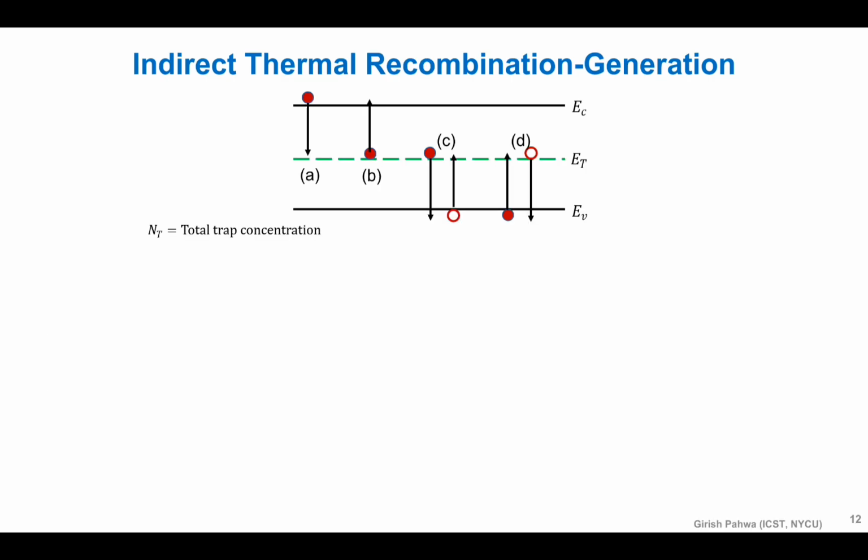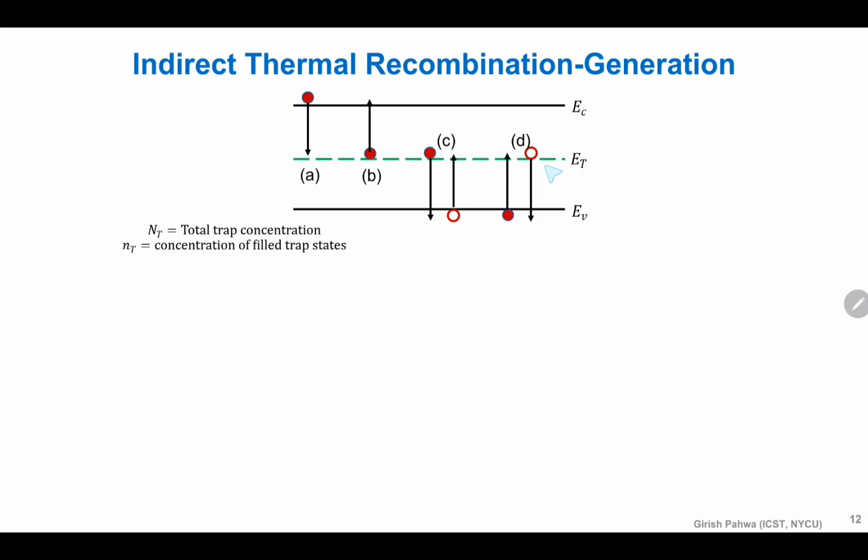Okay. Now let's try to derive some results. Let NT be the total trap concentration. Total trap concentration means the number of traps per unit volume. Let small nt be the concentration of filled trap states, and pt be the concentration of empty trap states.